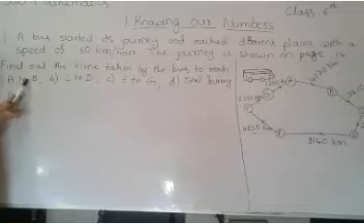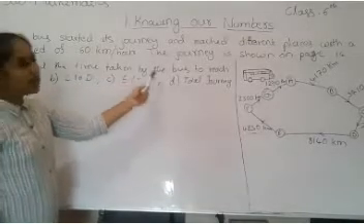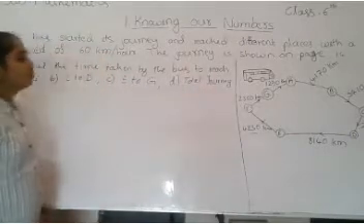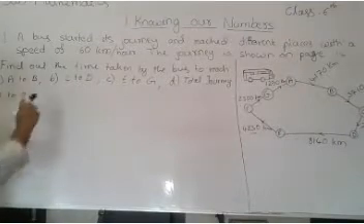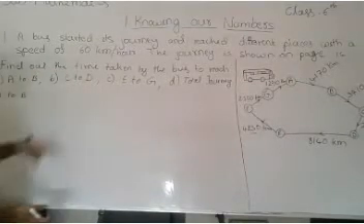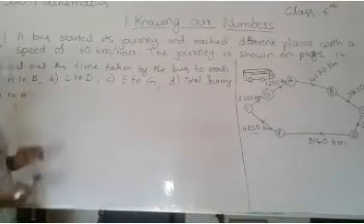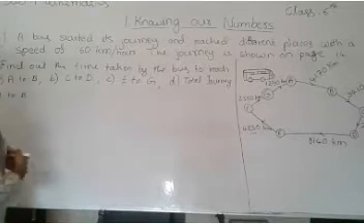sub question A to B, C to D, E to G, and the last one is we have to find out the total journey. Yes, the time taken by the bus to reach. How much time that will take from A to B, C to D, E to G, and total journey. Let's see here.